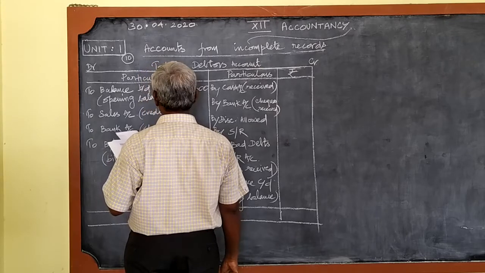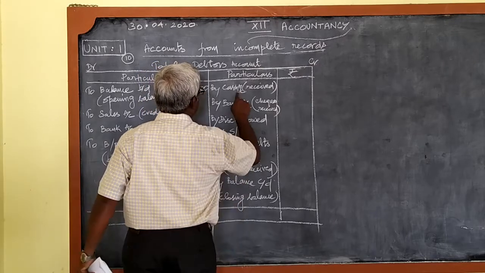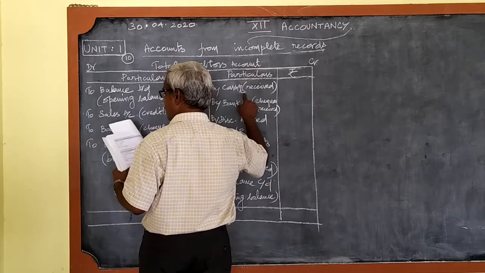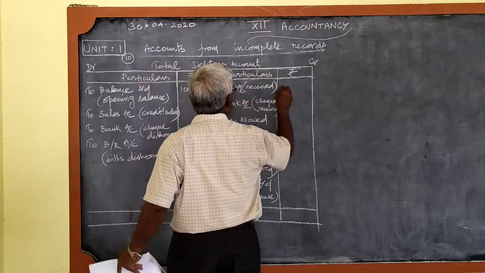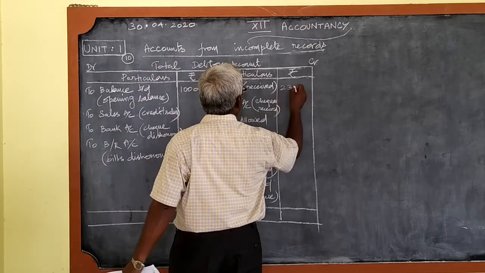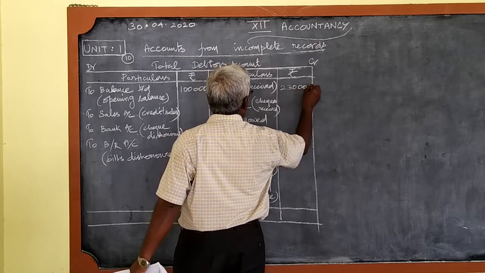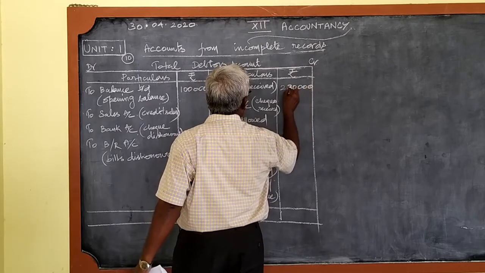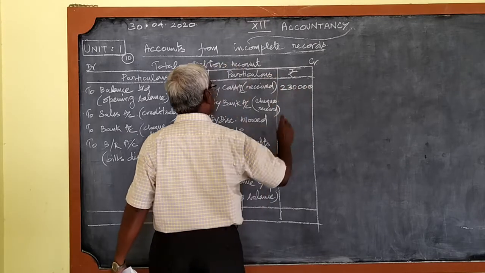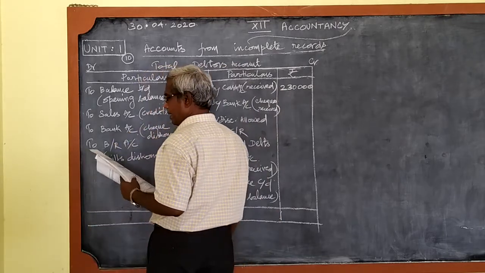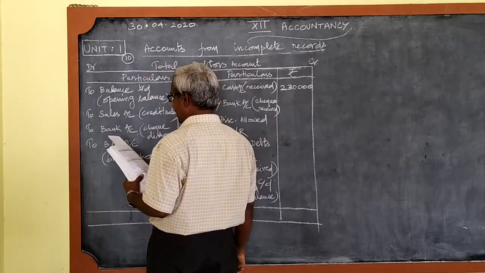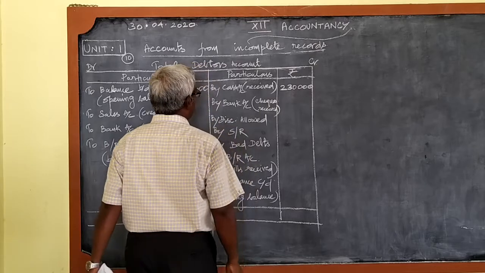Then cash received from debtors, 2,30,000. Then the third item, discount allowed 5,000.